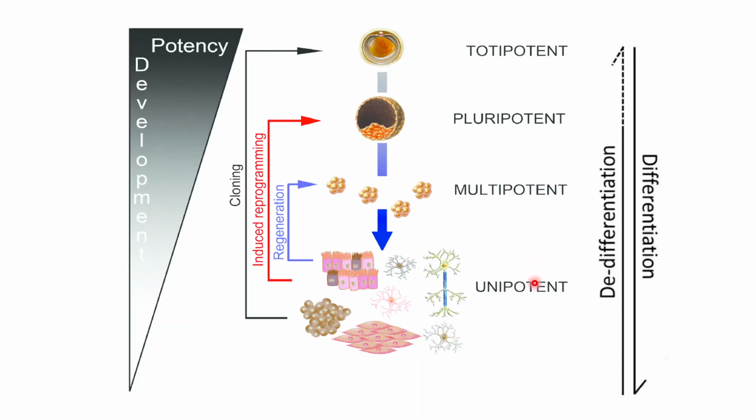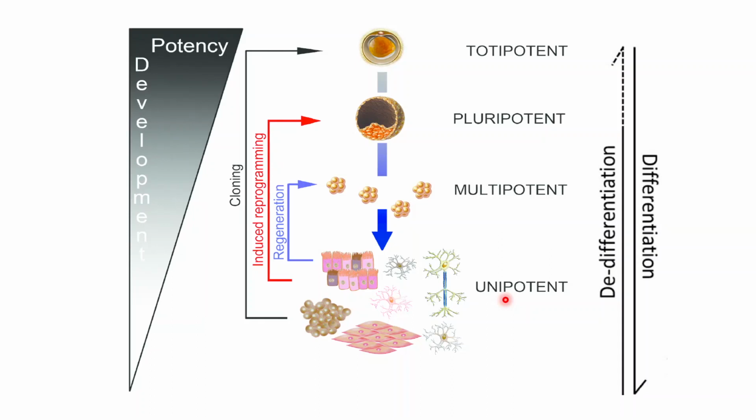Unipotent cells are capable of self renewal, that is, they can give rise to other cells of their own kind, and they can differentiate to form only one kind of cell. That is why they are termed unipotent cells.